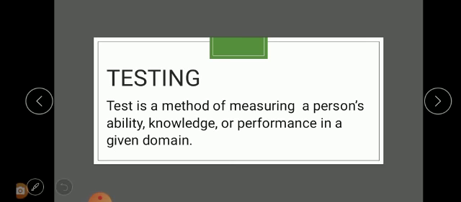There are some terms here as the keywords for understanding the meaning of testing itself: there is a method, measuring, and then persons or individuals, and individuals' ability or knowledge, performance, and then a given domain.